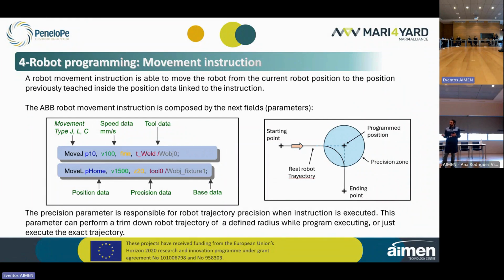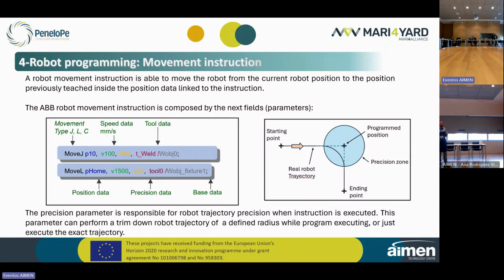But sometimes we don't need the robot to perform a very accurate trajectory, because we want more fluent movements along the trajectory. So, for example, let me explain.